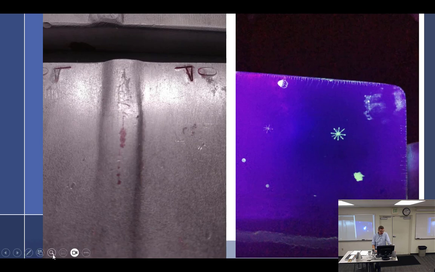Solvent removable. So it's not A, not B, and not C, so it must be D. Method D. And because we've used a type 2, you can no longer use type 1. So it better be okay.